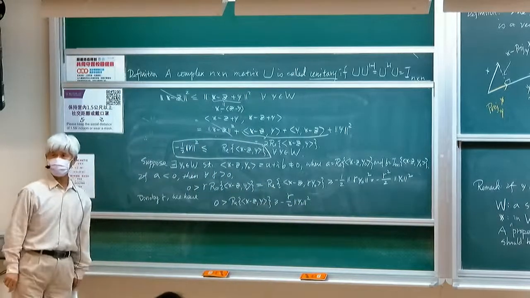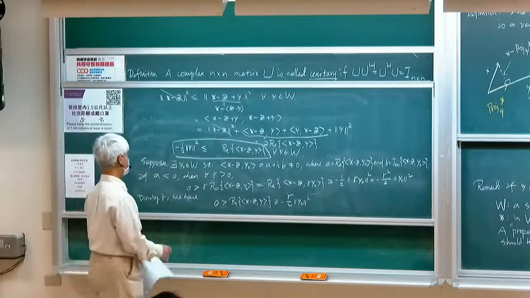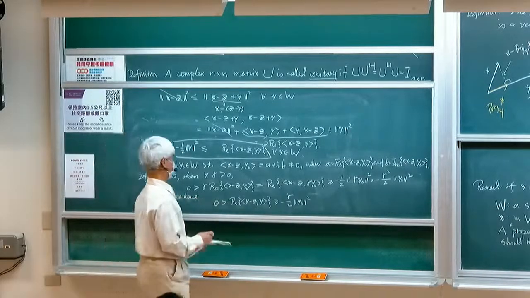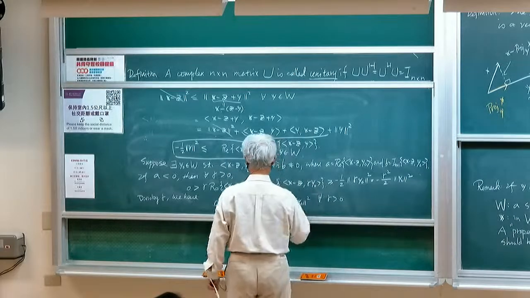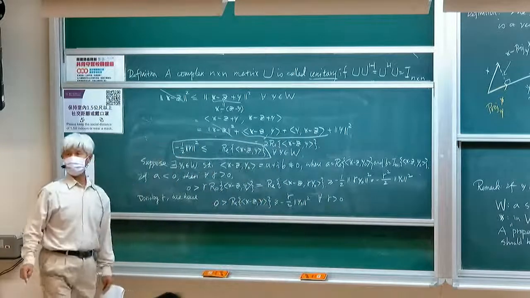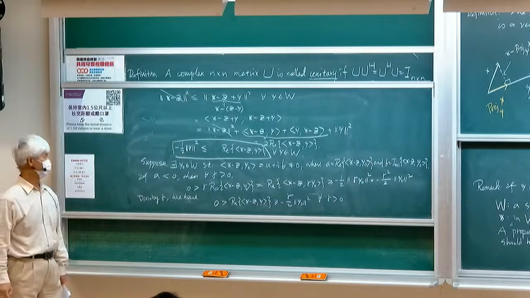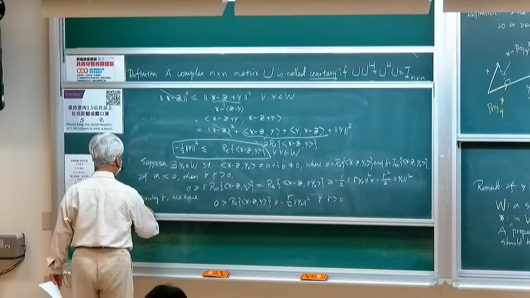Is that okay? Right? And so this is true for all gamma greater than 0. Okay? So we have such an inequality.